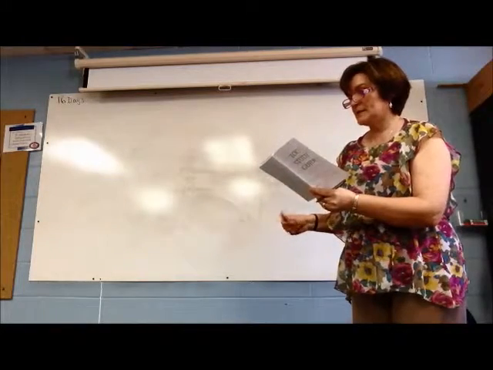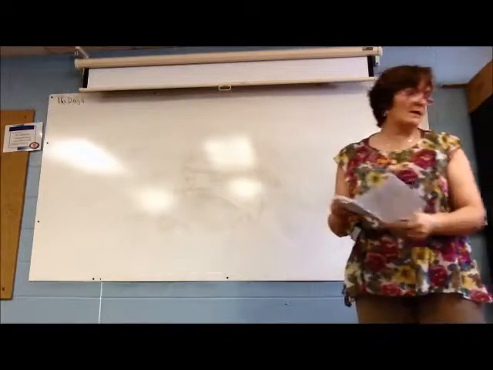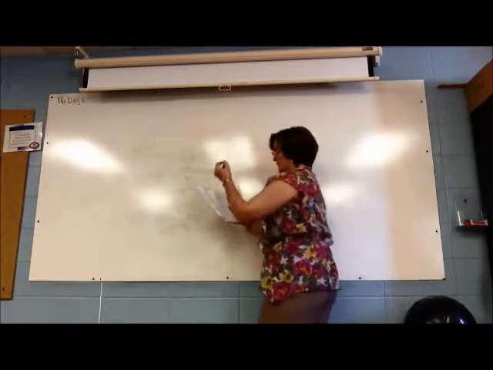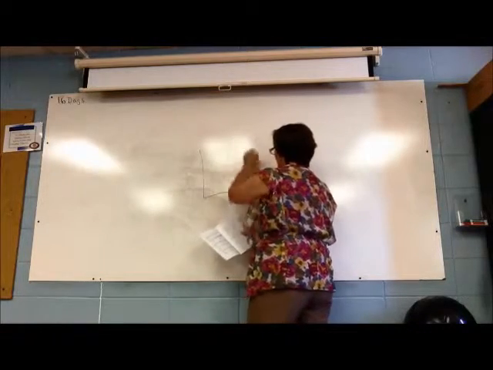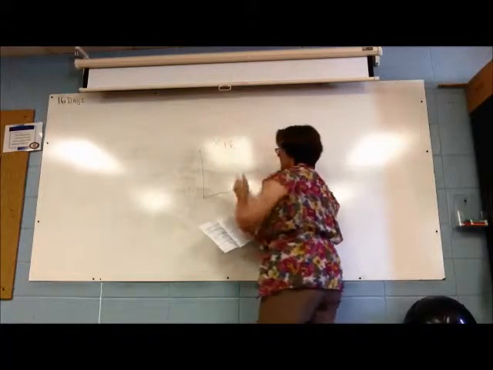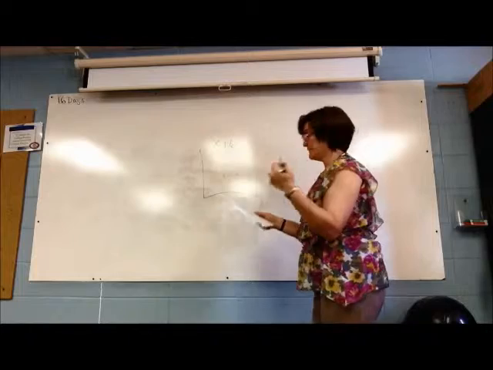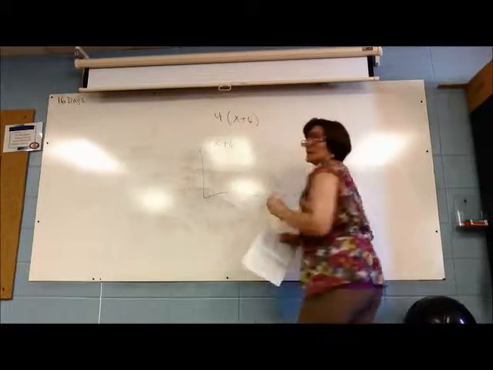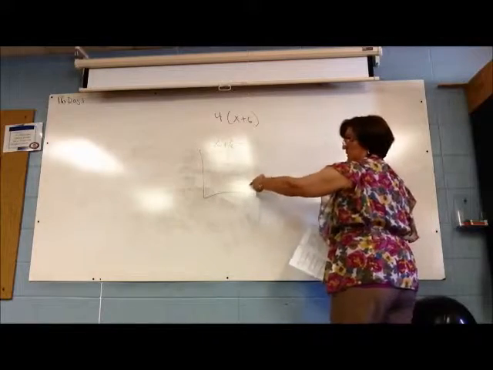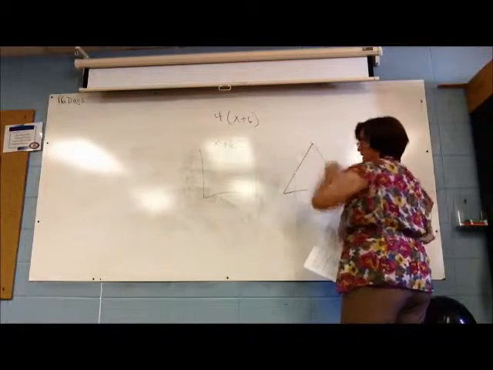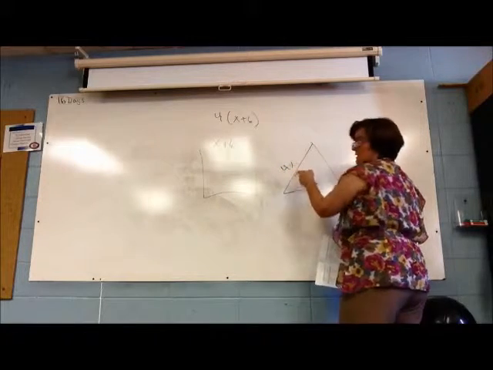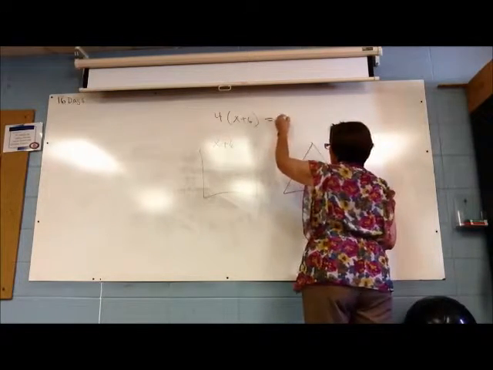So we have x plus 6. It's pretty straightforward. We have a square that has a side x plus 6, so we have 4 of those. So 4 times x plus 6, that perimeter, is equal to the perimeter of an equilateral triangle that has a side of 4x, so we have 3 of those.